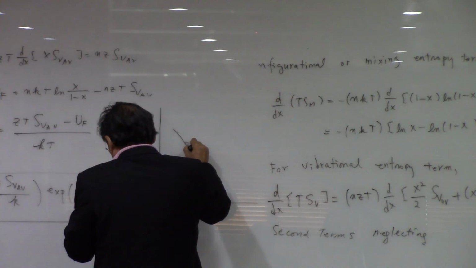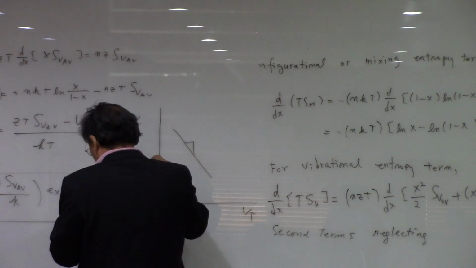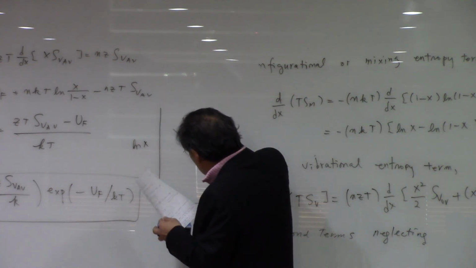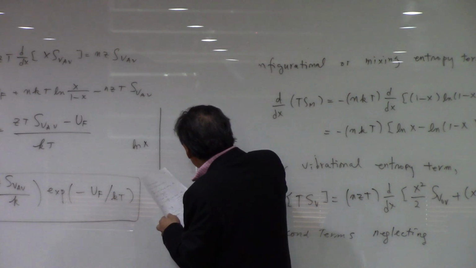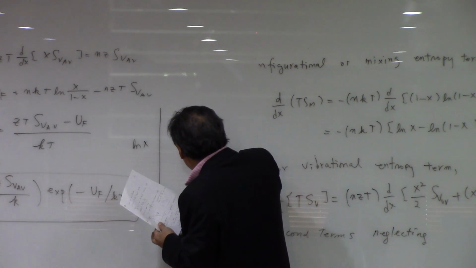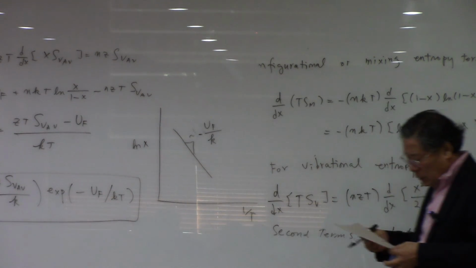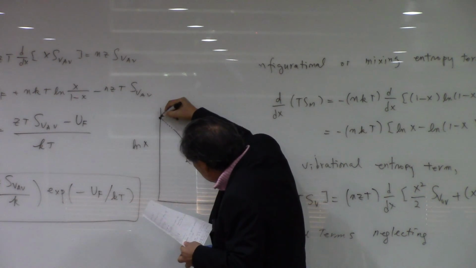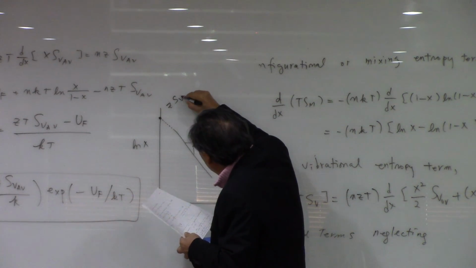Here, if it is 1 over T, and this is ln x, the slope is now going to be minus this, the internal energy, and then the intersection here is going to be S free AV.